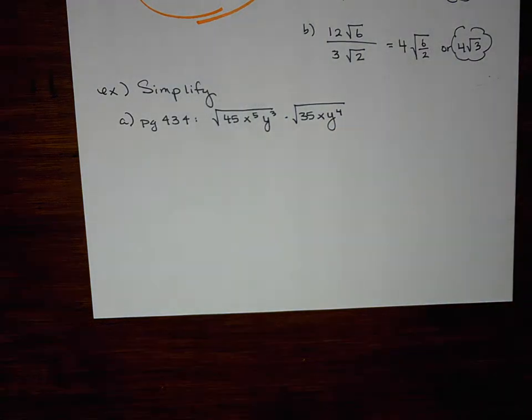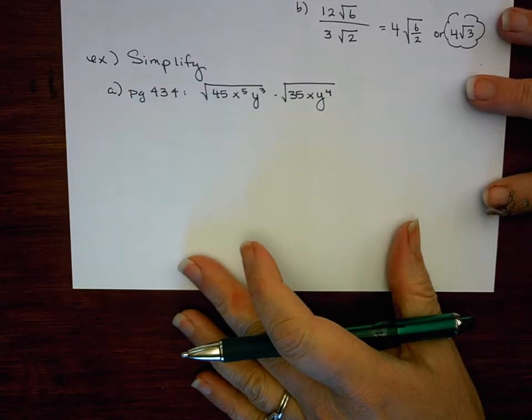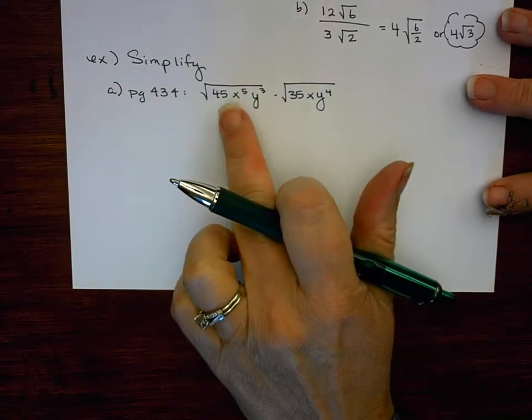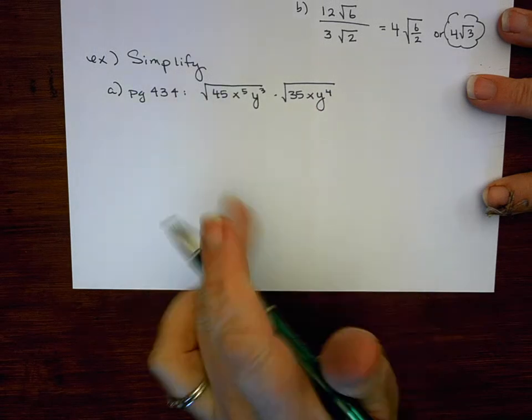So if we have something like this, with 45 times 35, that would be really difficult to do. So when we have large numbers, what we want to always try to do is simplify first. If the numbers are small, like say if that was 4 and 3, then I could just multiply those together pretty easily.